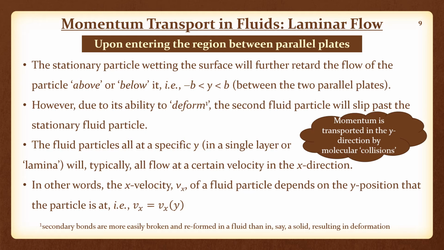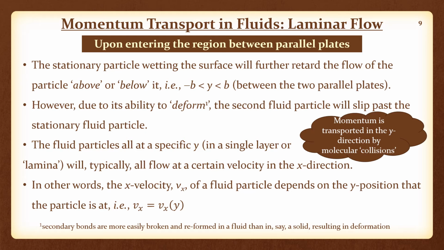And therefore, Vx, the velocity of the fluid along the x direction, is a function of where that fluid particle is present along the y direction. Is it at a fluid layer which is wetting the surface? Then Vx is 0. Is it at the fluid layer that is at the center, in other words at y equal to 0?